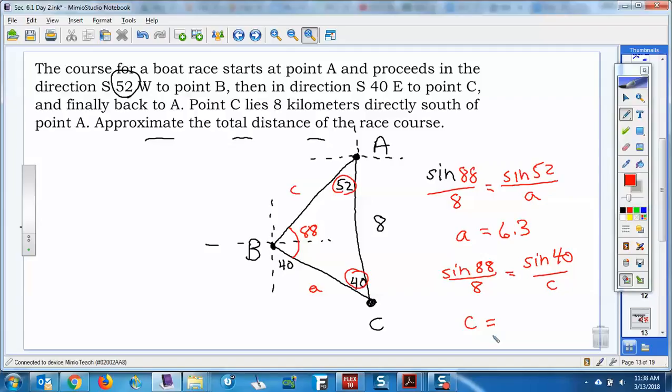What do you get for that one? 5.1. And then we can add those up. So 6.3 plus 5.1 plus 8, and that would be your approximation.